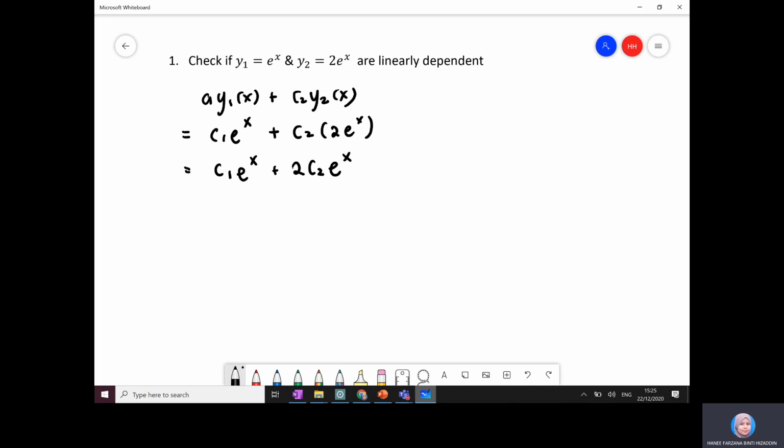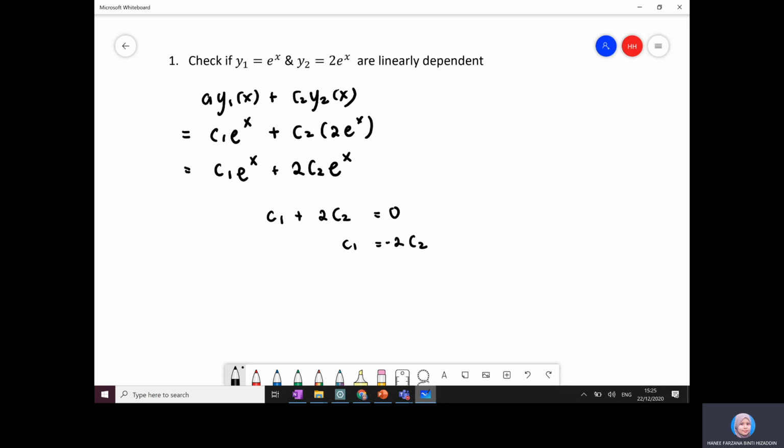So here, this expression can be equal to 0. When can this expression be equal to 0? It is when c1 plus 2c2 equals 0, so c1 equals negative 2c2.